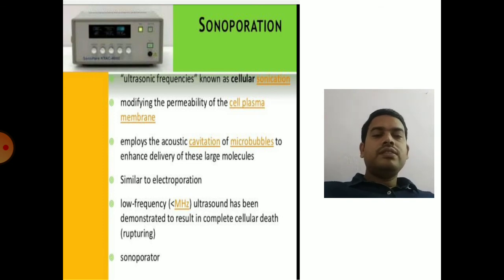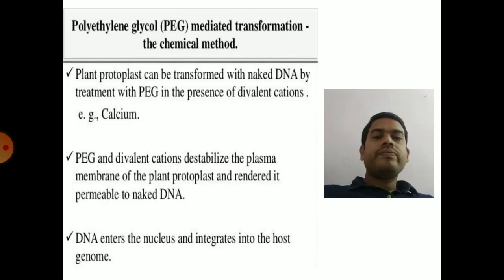That is sonoporation. So the next one is polyethylene glycol mediated gene transfer. This is especially used for protoplast fusion, plant cells in suspension cultures, or plant cells lacking cell walls, which are called protoplasts. They are fused with the help of calcium and polyethylene glycol.